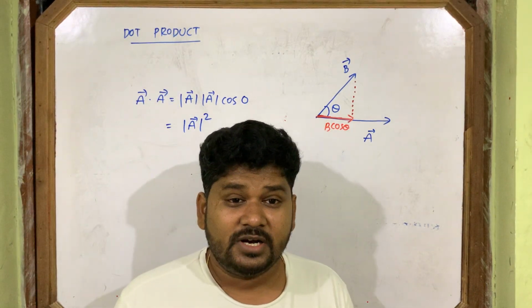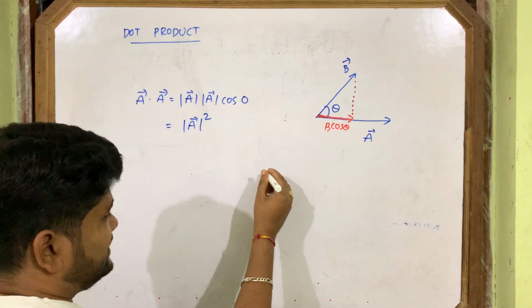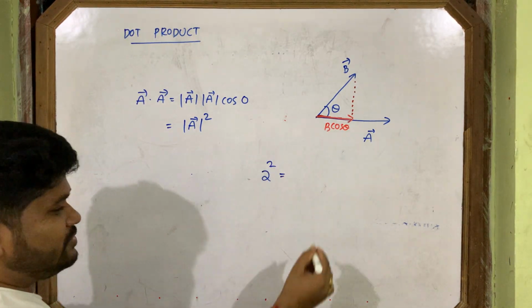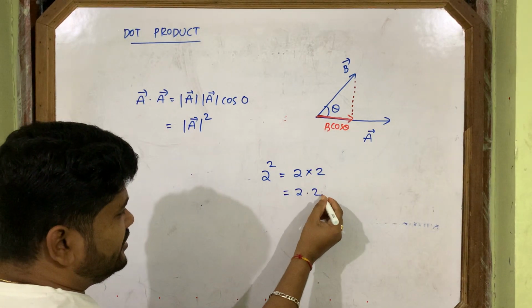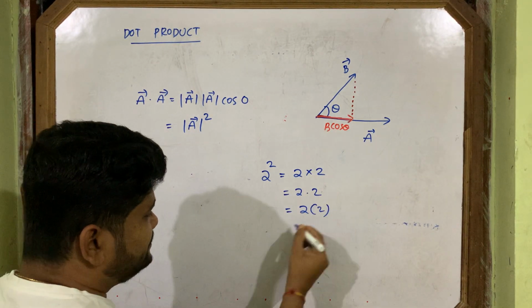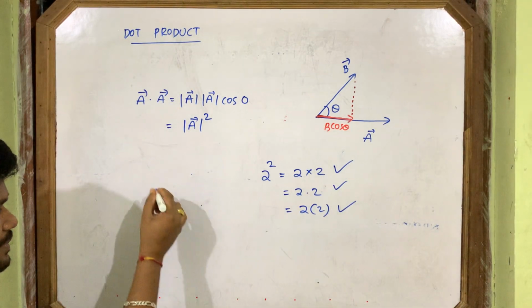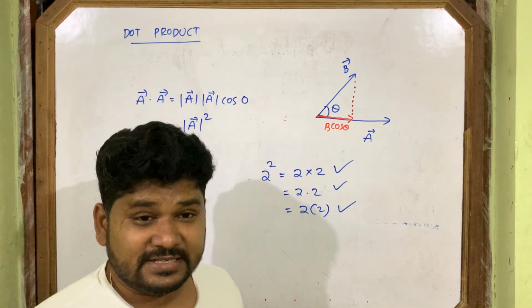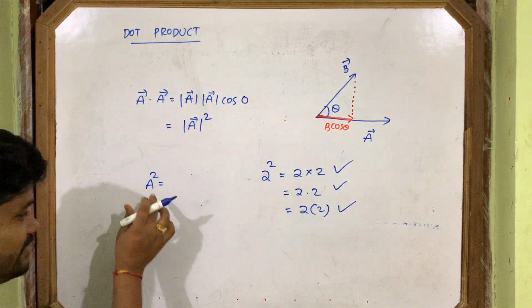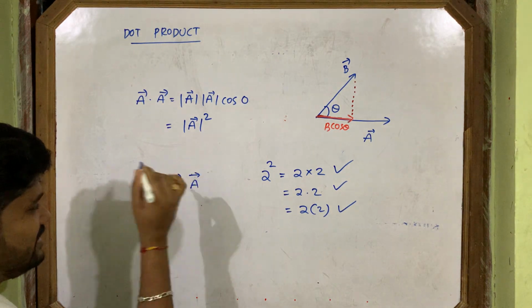I want to tell you one interesting thing here. If I write 2 square, you may write 2 into 2. This is correct. But when it is A square, where A is a vector, if I write A square, then you have to write A vector dot A vector.